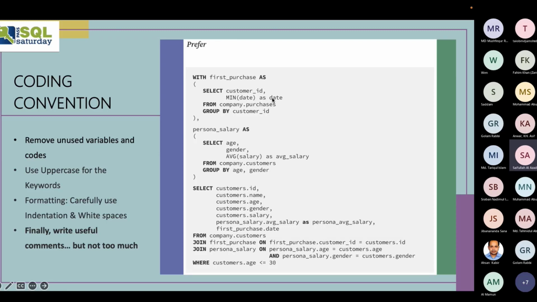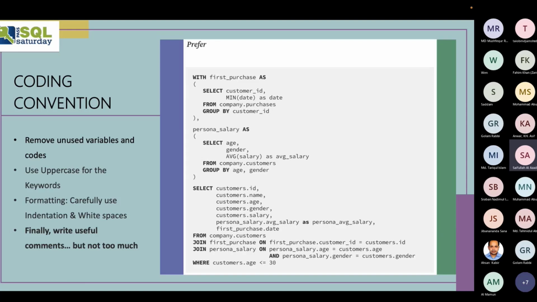We can use an alias, and we can also use the table name to help understand the column. So it's readable and we can avoid the comments in our query. That's the coding convention where we can improve ourselves by removing unused variables, using uppercase, indenting, white space, and so on.